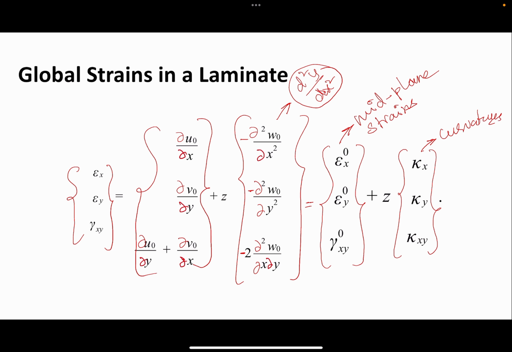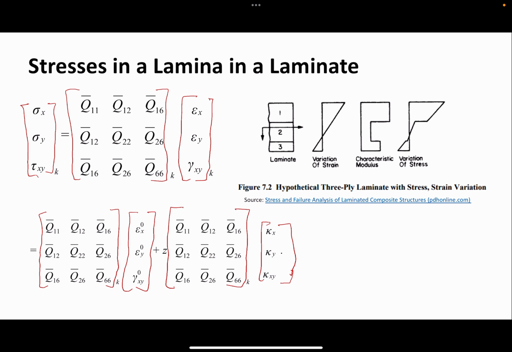So basically you're saying total strain is a combination of your mid-plane strains, epsilon naughts, plus z into your curvatures, kappas. So from that, how do you get stresses? We already know this.